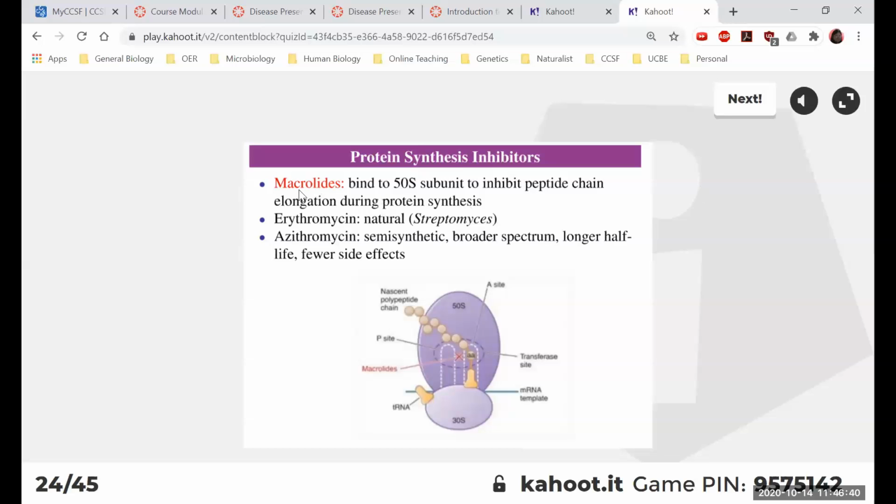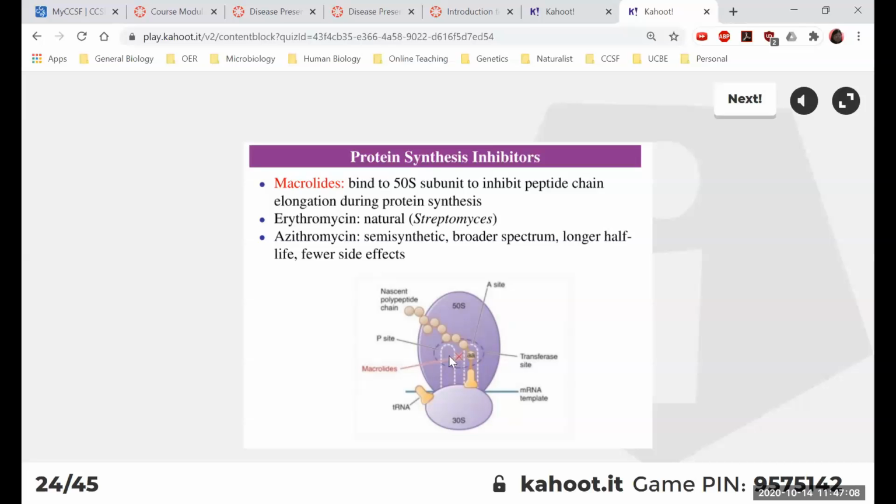And then we have macrolides. Macrolides as a class of drug actually target the large subunit, or the 50S subunit, of the ribosome. If you guys remember, the catalysis of peptide bond formation is a function mediated by the 50S subunit.